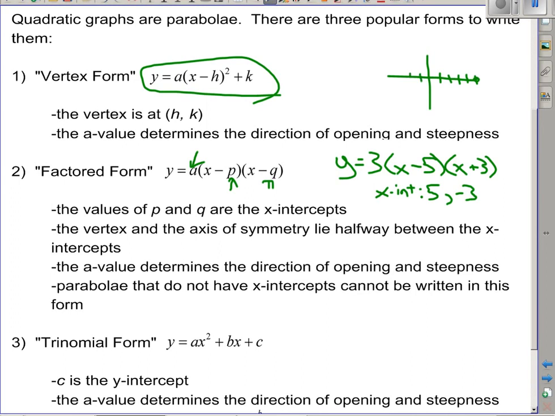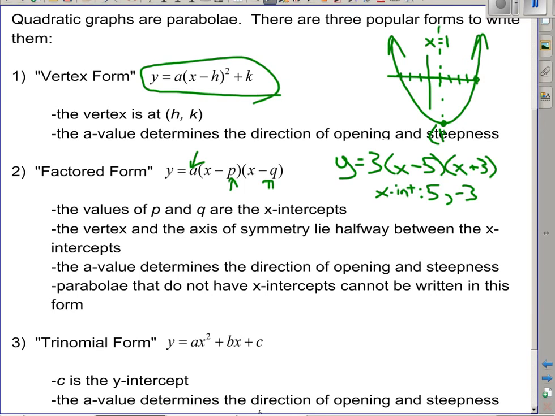It's going to look kind of like this. Its axis of symmetry is going to be halfway in between negative 3 and 5, or at x equals 1. That also tells you the x-coordinate of the vertex, and you could just sub in 1 and figure out what the y-coordinate of the vertex is.